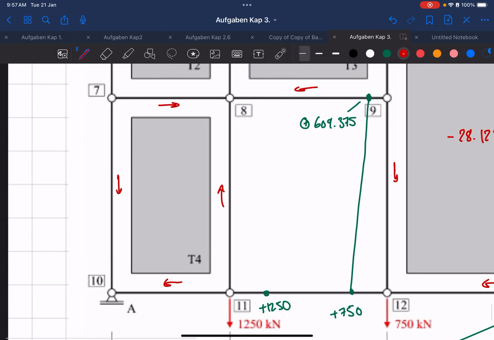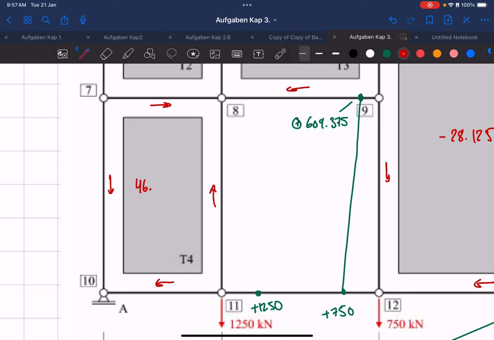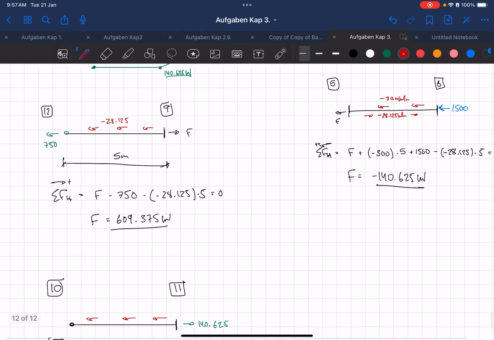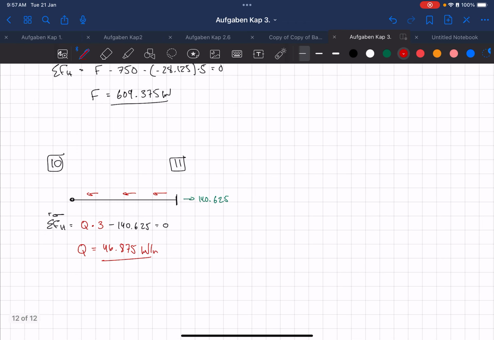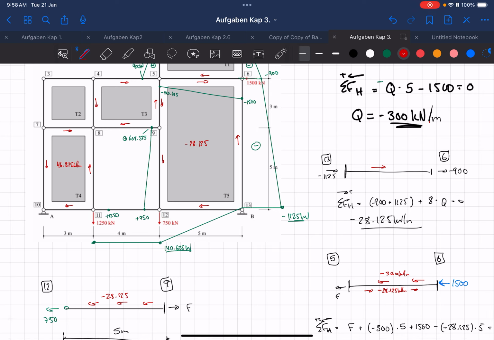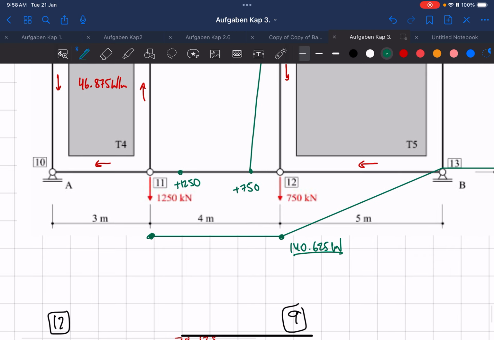Trying to zoom in. This gives 0 here. Plus.